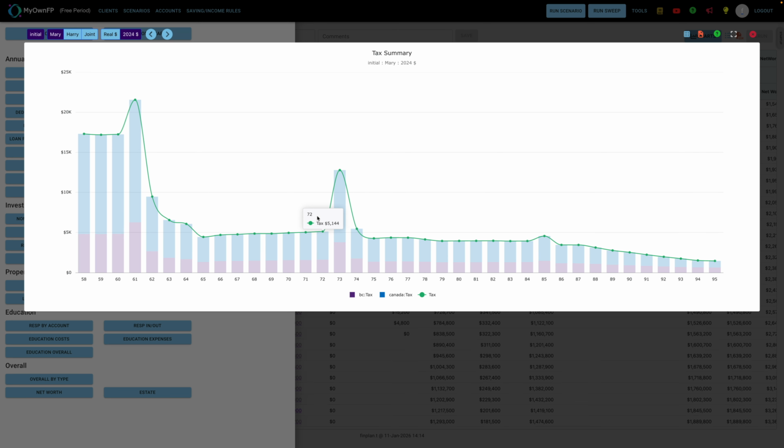Then at 75 we go to a different expense rate, we moved from 90,000 to 84,000, so the amount of money that we have to pull out is going to be less. And then after 85 it's less again, and at that point we also run out of our non-registered account. So we're still paying some tax because we're pulling out of our RSP, but we're also taking a little bit out of our TFSA, which we don't have to pay any tax on, so our tax bill goes down from then on.